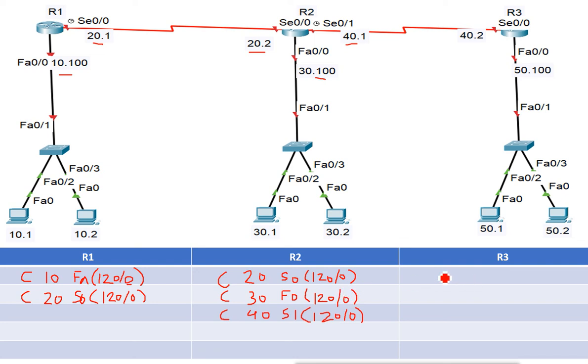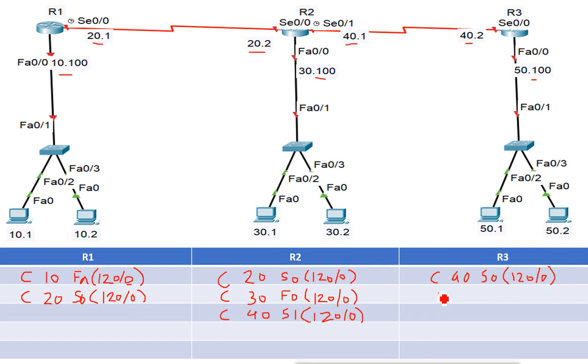In this router we have connected networks 40 and 50. When we configure, we mention that network 40 is there, and it is connected from serial 0/0. The AD value is 120 because it is RIP, and because it is connected, the hop count will also be 0.